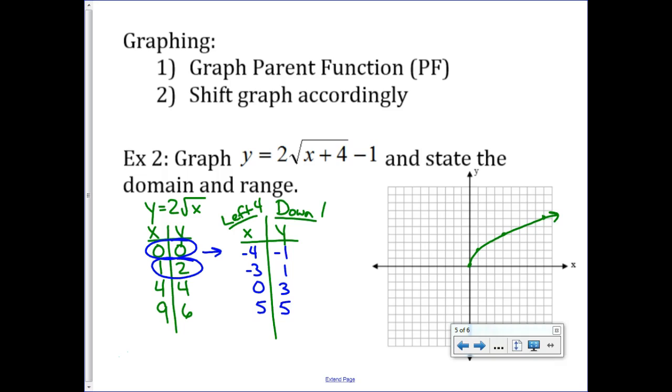There's my parent function, and then here we have negative 4, negative 1; negative 3, positive 1; 0, 3; and 5, 5.